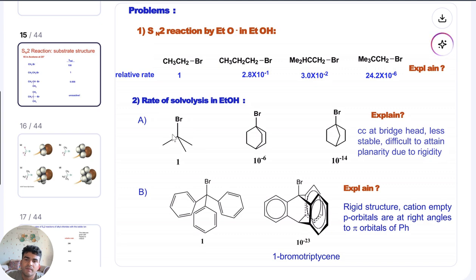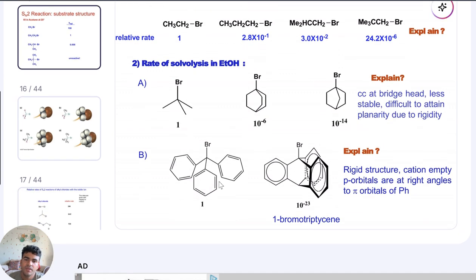And in the first halide there is no problem. The 3 degree carbocation can be easily formed. It will be stabilized by both the plus I effect of the 3 methyl groups as well as hyperconjugation of these 9 hydrogens. So the rate will be high for this substrate.